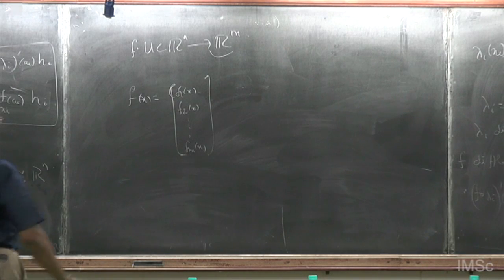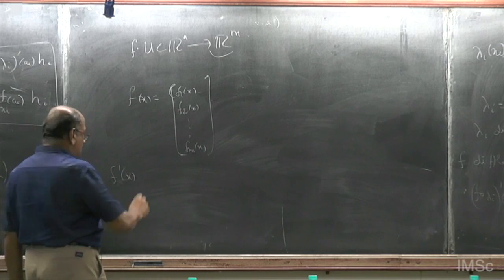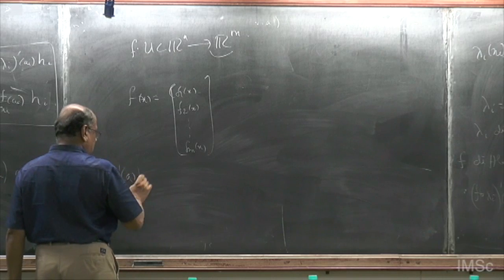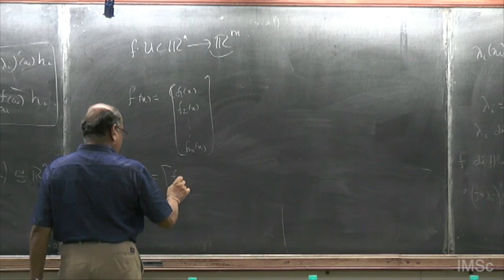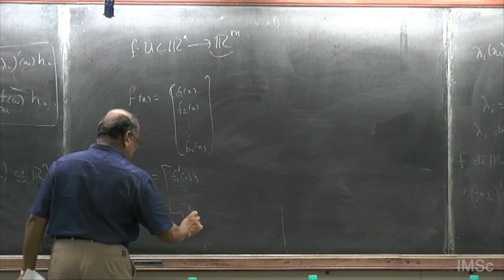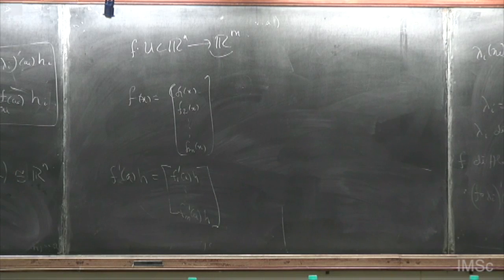Then what did I say the derivative was? f dash of x at any h, at a sorry, equals f1 dash a at h, ..., fm dash a at h. This was the first theorem.